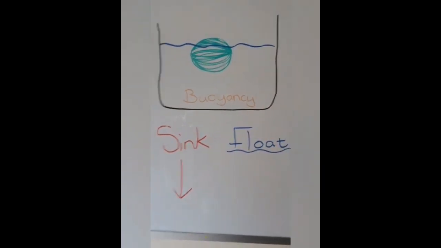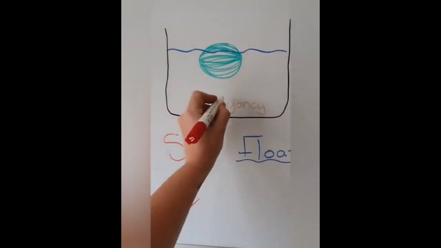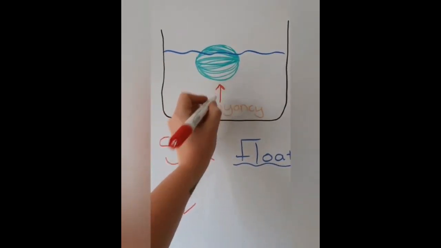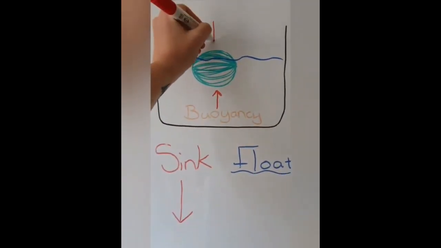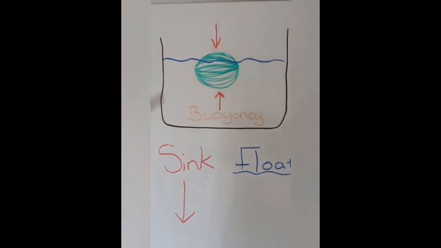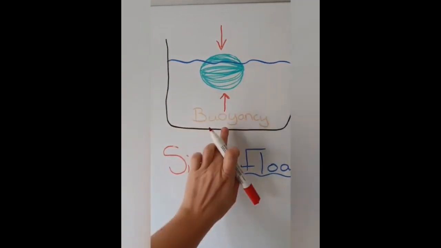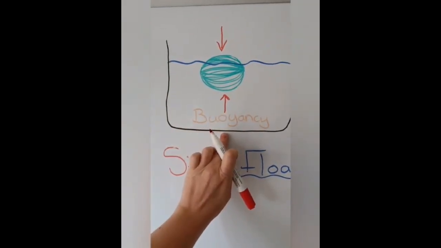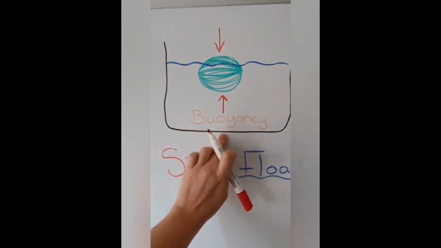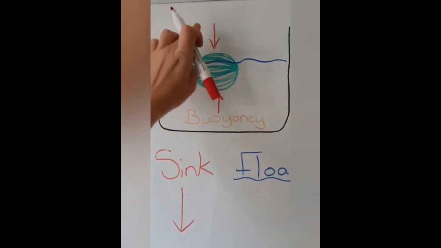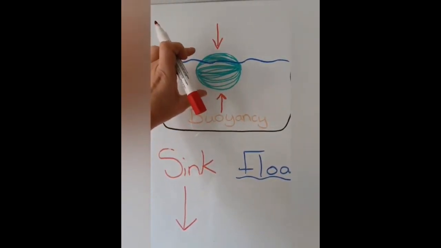Buoyancy is the force that is pushing up. The weight of the watermelon pushes down and buoyancy pushes up. If the buoyancy is greater than the weight, then the item will float.